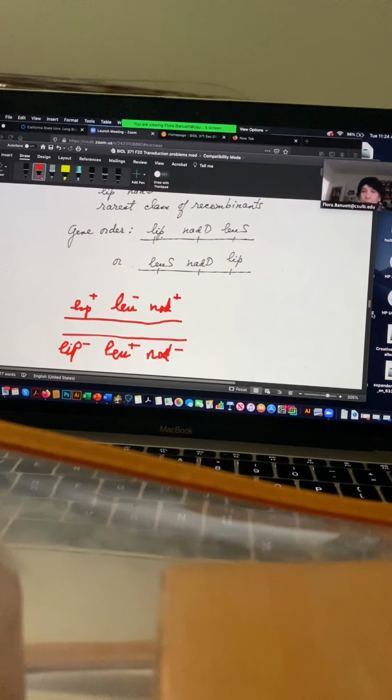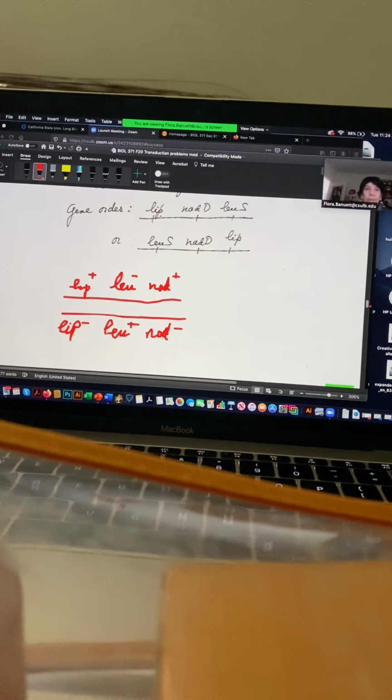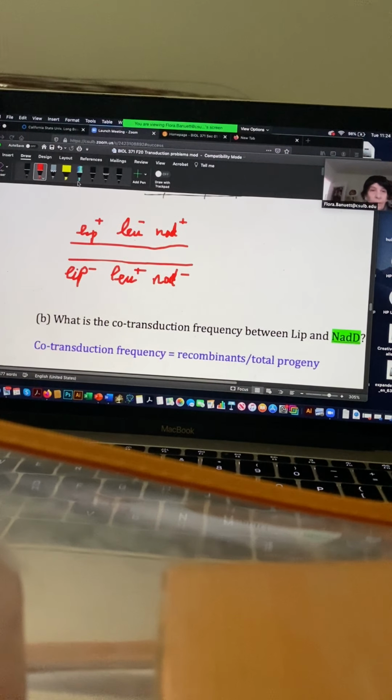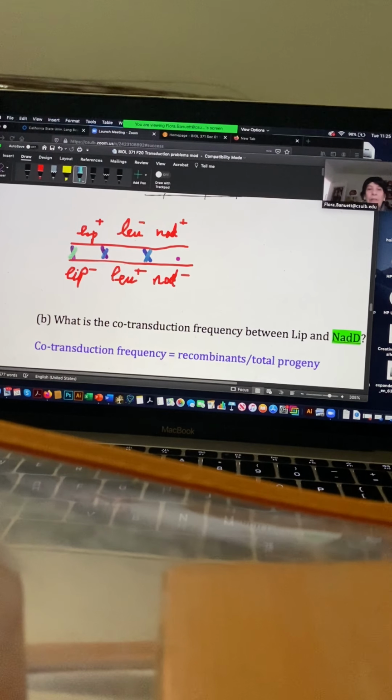Okay, so if we have 4 crossovers, so if we have a crossover here, a crossover here, a crossover here, and a crossover here. And note that the crossovers are not written over the genes.